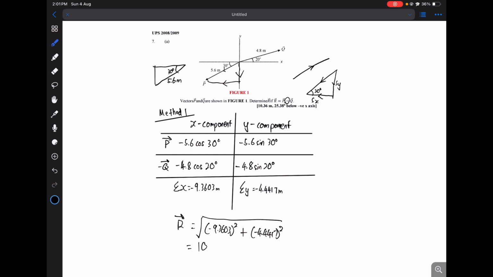Then we can find the answer, 10.36 meter.